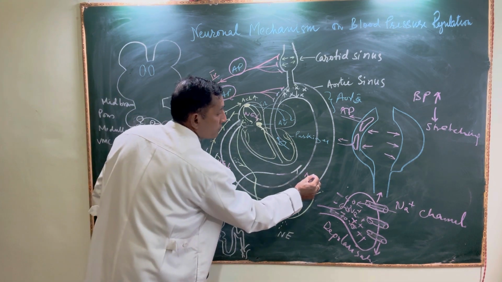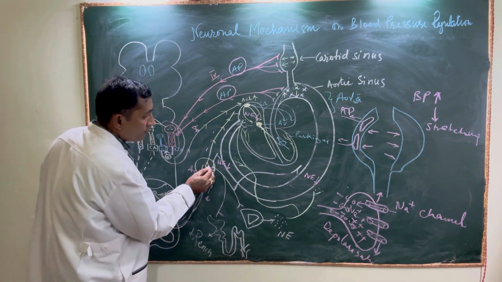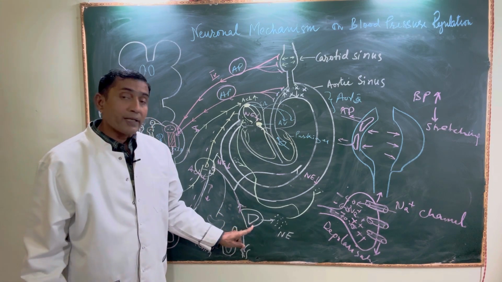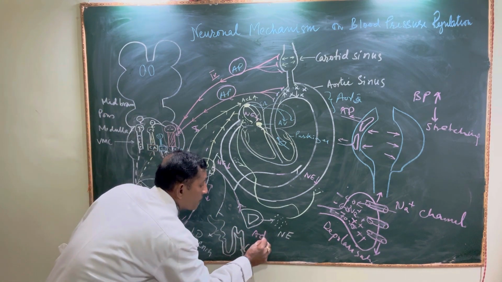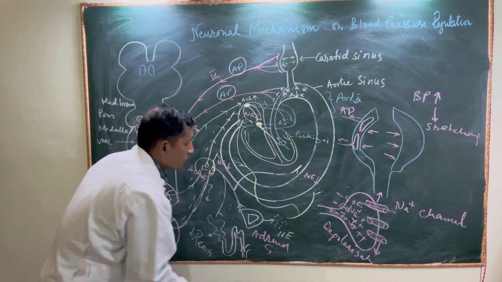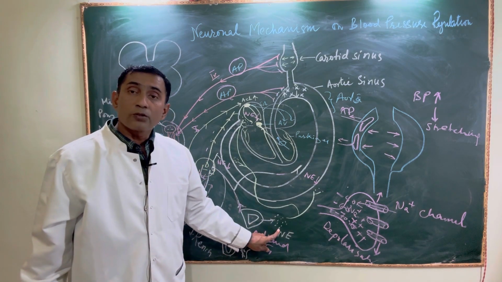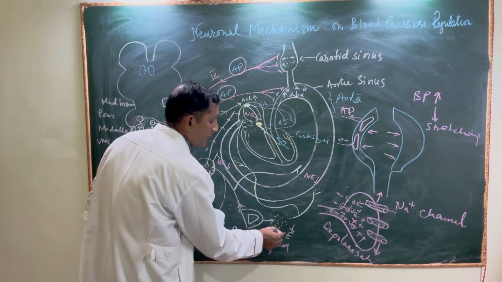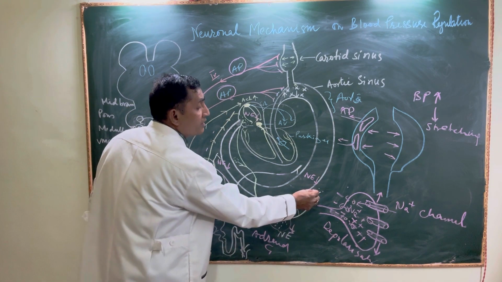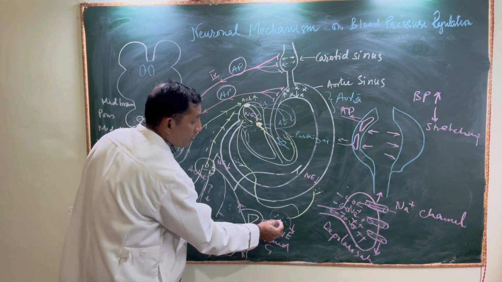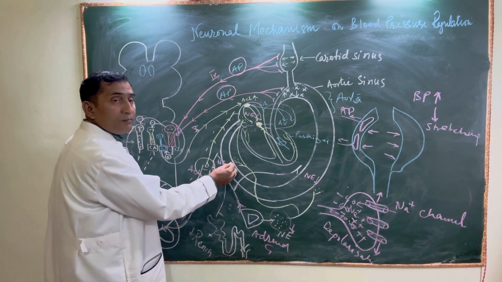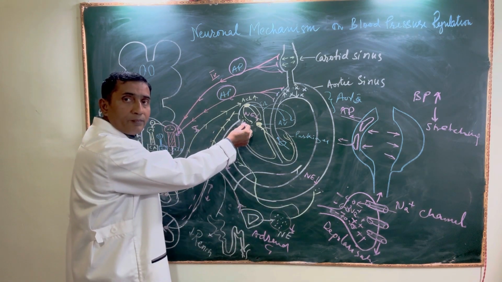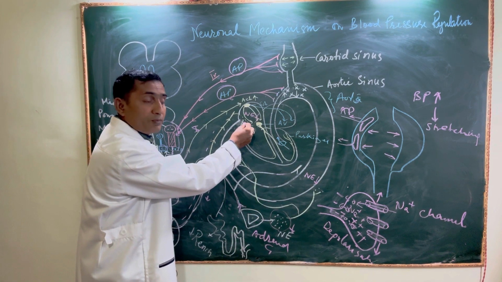It also has control on the activity of the adrenal gland, so the adrenal gland will secrete less norepinephrine. So what will happen? There will be less norepinephrine-mediated arterial constriction, vasoconstriction, and positive inotropic effect.